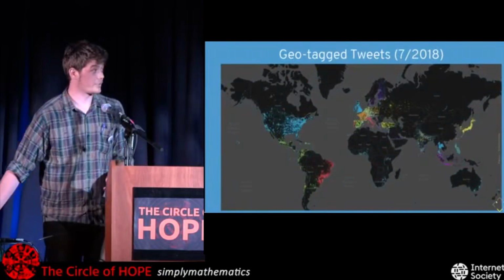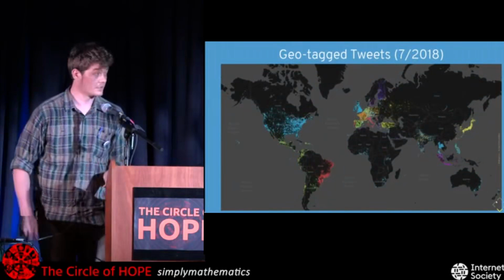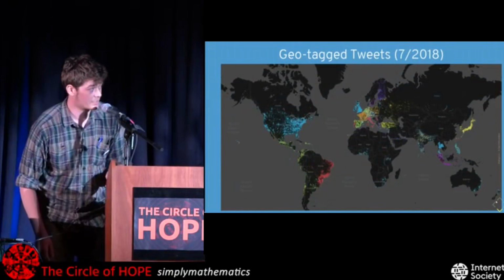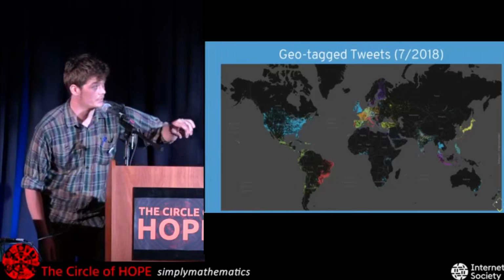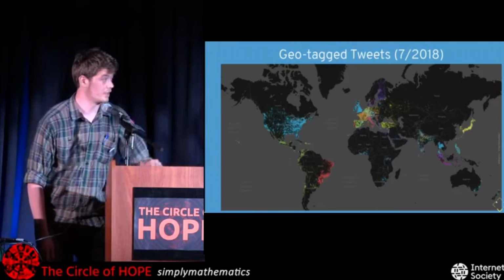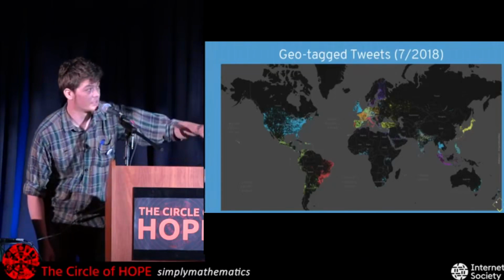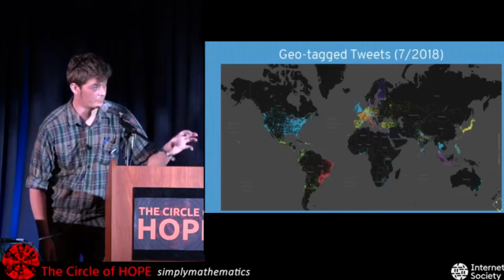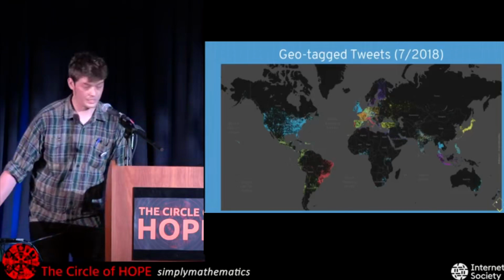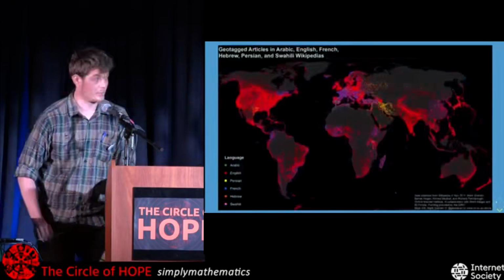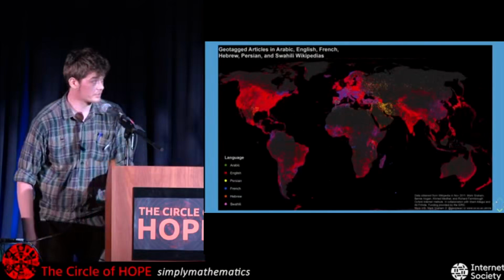There's a couple ways to look at it. Here are geotagged tweets. As you can see, the same places tend to get excluded, like most of Africa, South America, Asia, particularly the former Soviet states in the middle. And here is a map of geotagged Wikipedia articles.